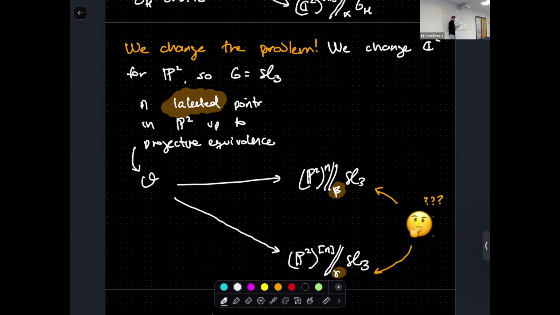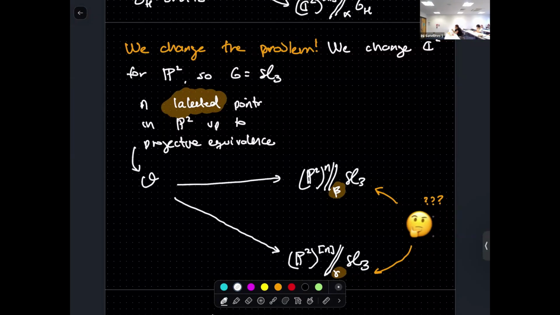Remember that we have different choices, right? When we were considering this space of points not colliding, we have different choices for the compactification. So we can let it collide, or we can let P2 break.